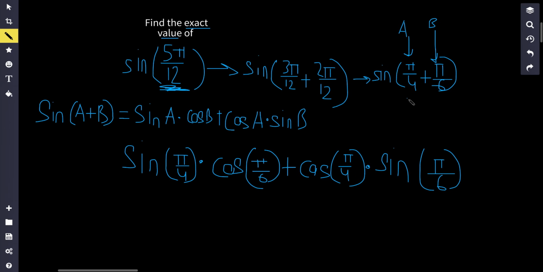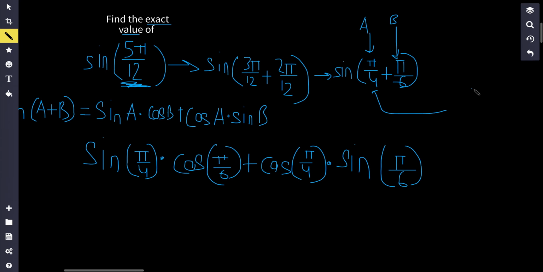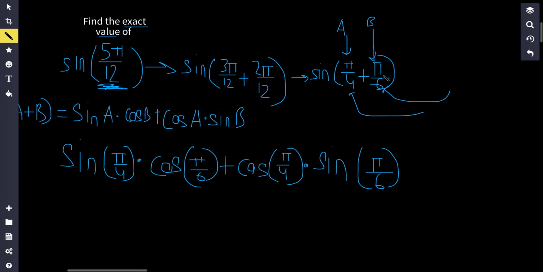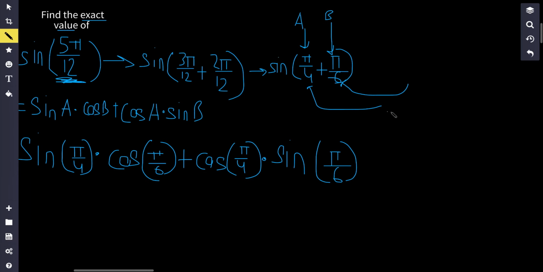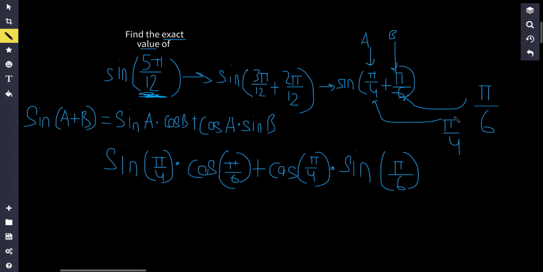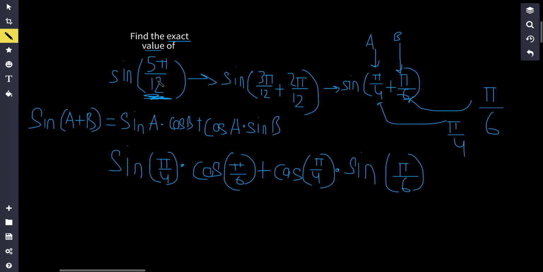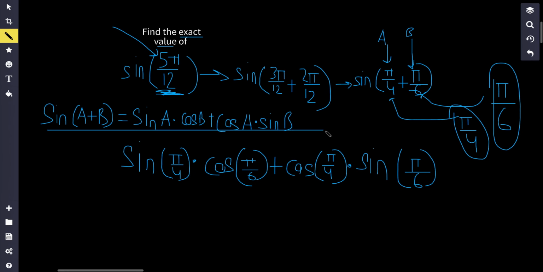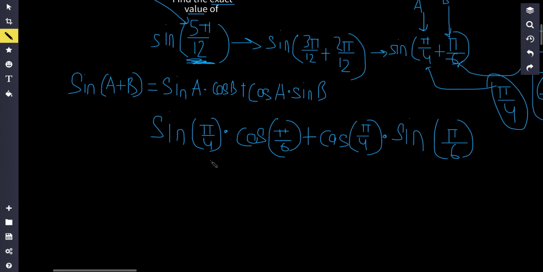The trick for these types of problems is that these two angles are either a multiple of pi over 4 or a multiple of pi over 6. So you have to break the angle into two smaller angles that are multiples of pi over 4 or pi over 6, because that way you can use the angle sum formula to figure out the exact values. And we know what these values are.